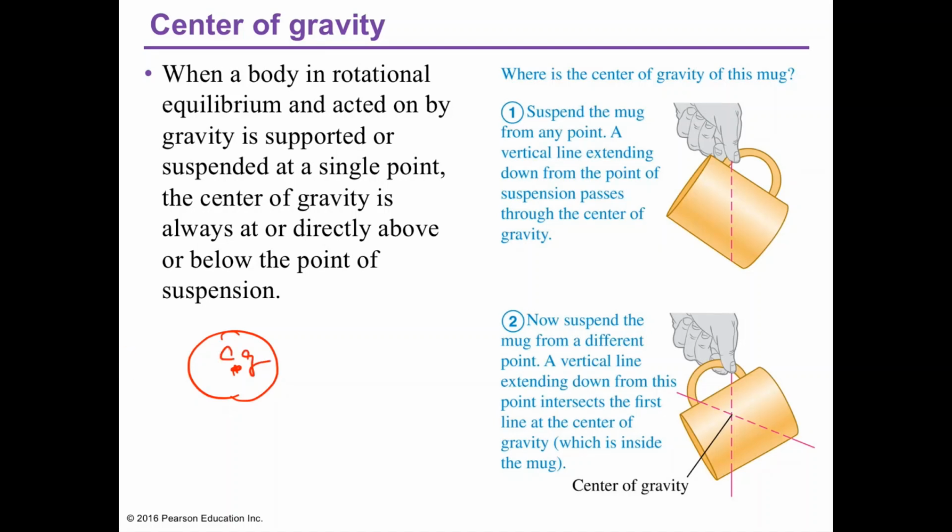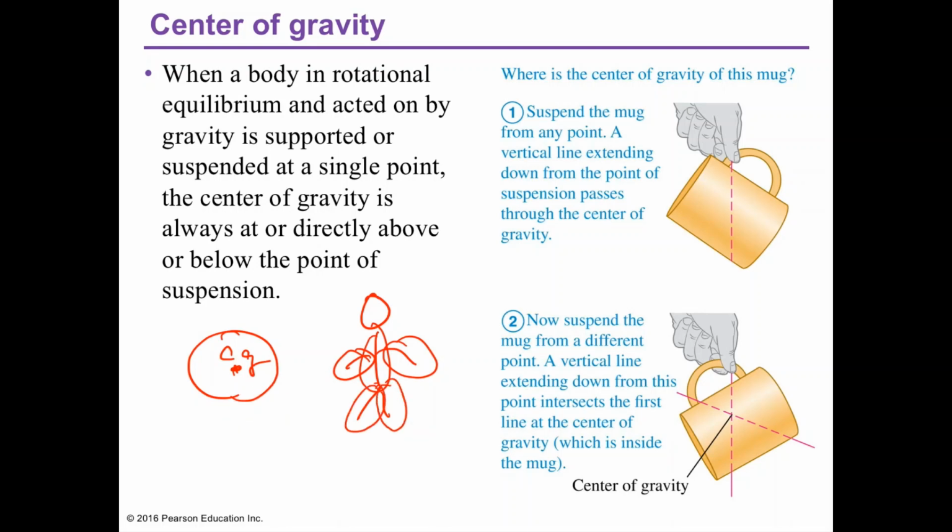And for a body with a more complex shape, we sometimes locate the center of gravity by thinking of the body as being made of symmetrical pieces. For example, we could approximate a human body as a collection of solid cylinders. The arm is a solid cylinder, the trunk is a solid cylinder, and your legs are solid cylinders.